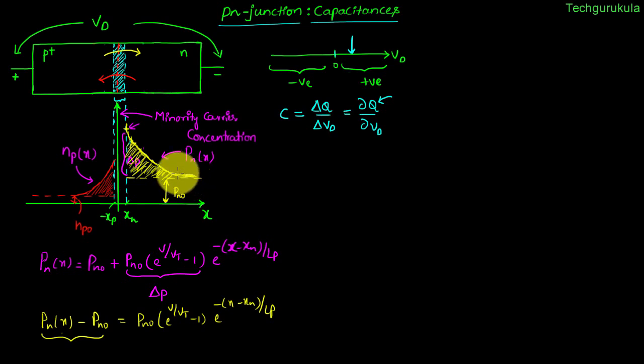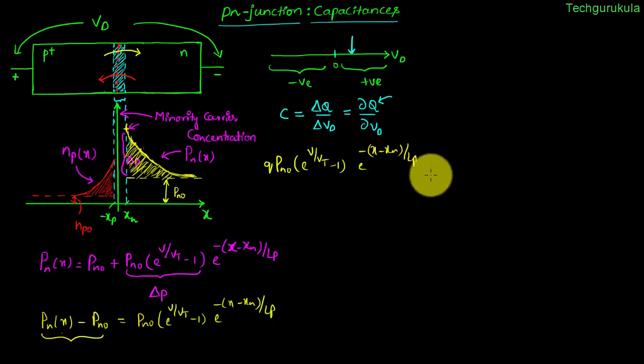And we need to find the excess charge concentration in the N side. To find excess charge concentration, we need to multiply this with q so that the expression would become q times Pn naught times e power V by Vt minus 1 times e power minus of x minus xn over Lp.